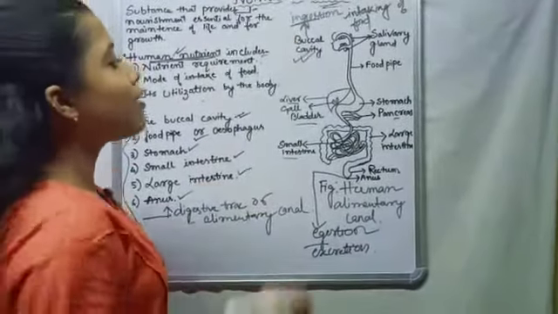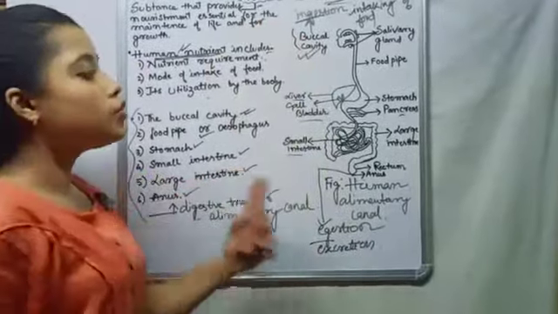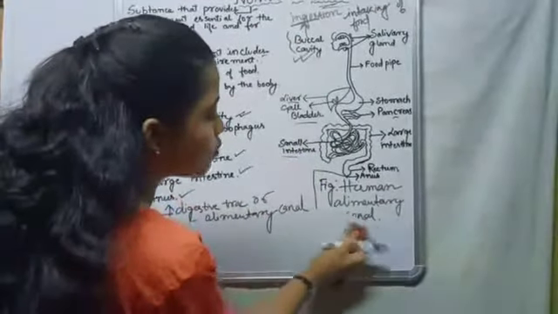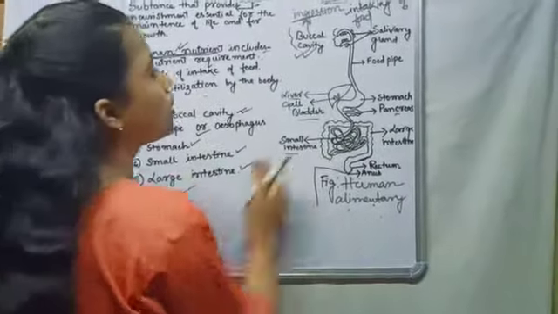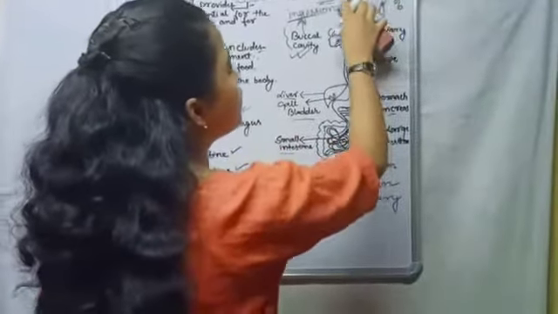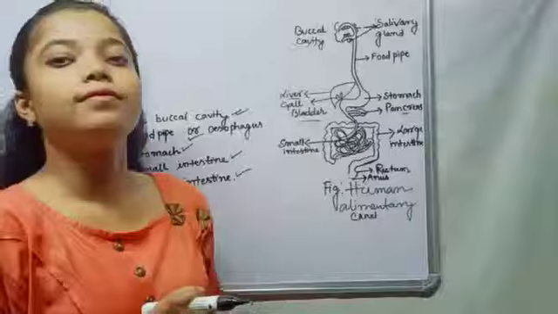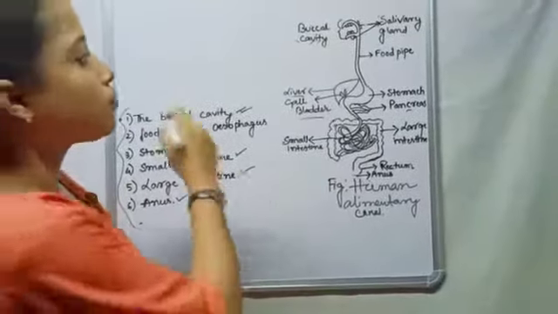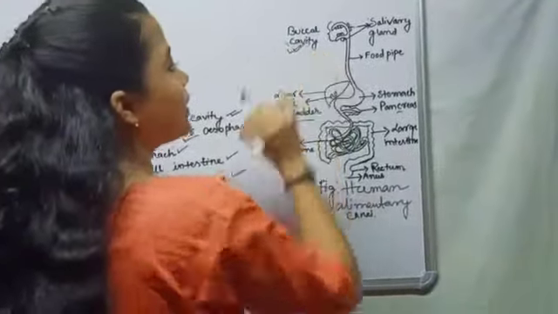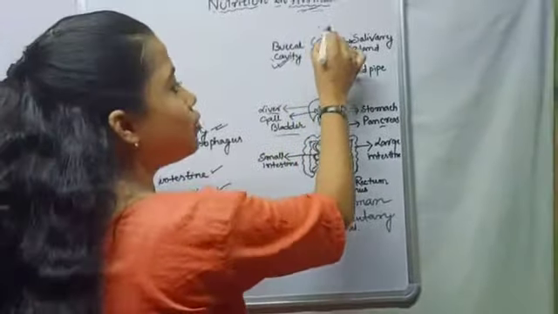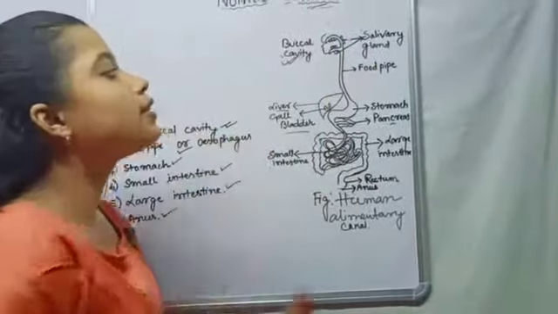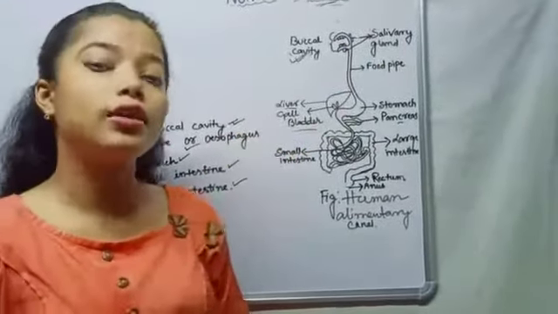Now, what happens in the buccal cavity once we take our food? This has become quite clumsy, so let me rub it all to make it more visible. What happens in the buccal cavity? The buccal cavity consists of the mouth, the teeth and the salivary glands.